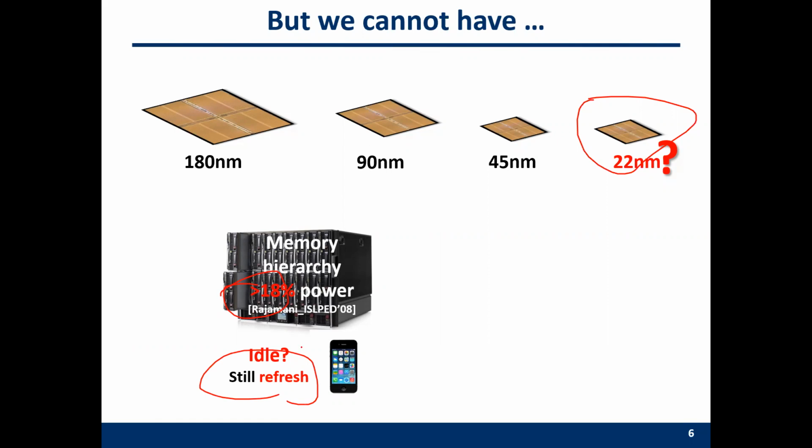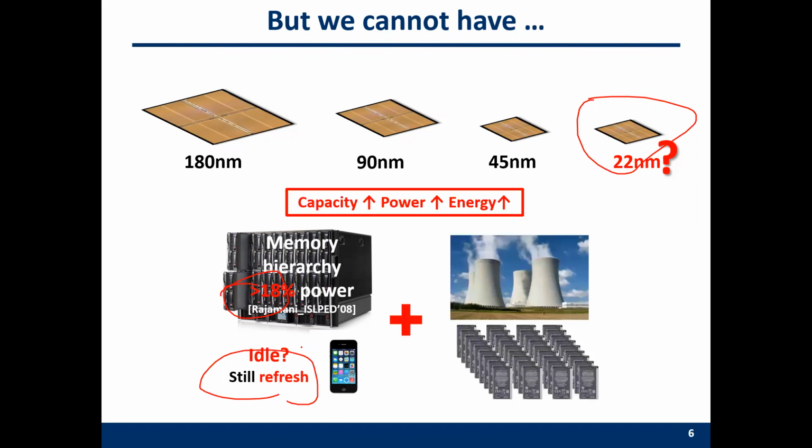Next time when you try to power up or wake up your mobile phone, you will suffer from a very long latency. That will hurt the user experience a lot. And nobody wants to build this for the data center. And actually nowadays, people bring multiple copies of battery to support only one smartphone.